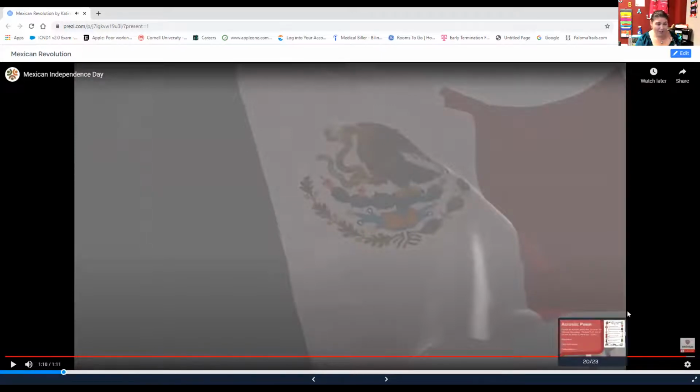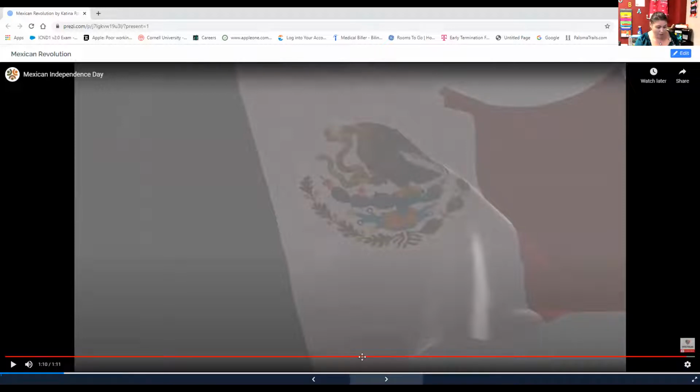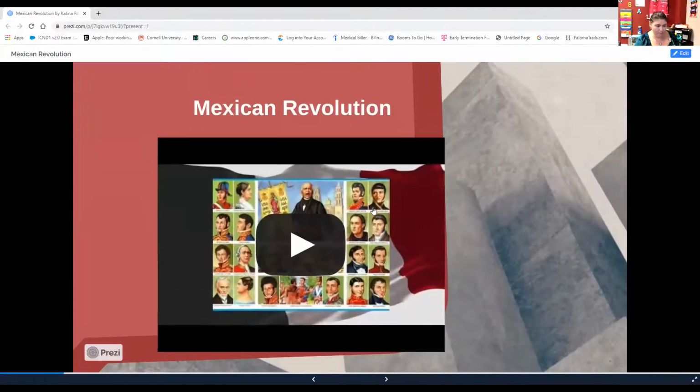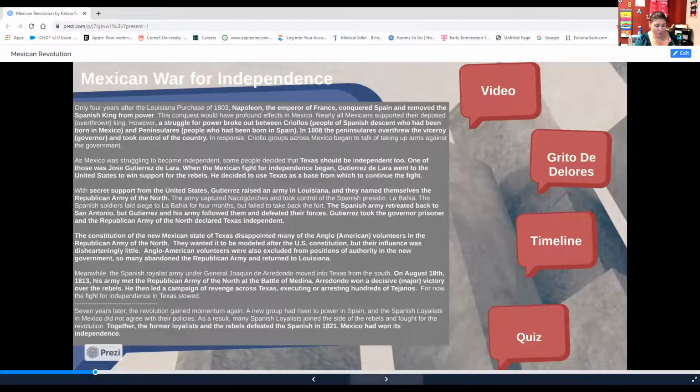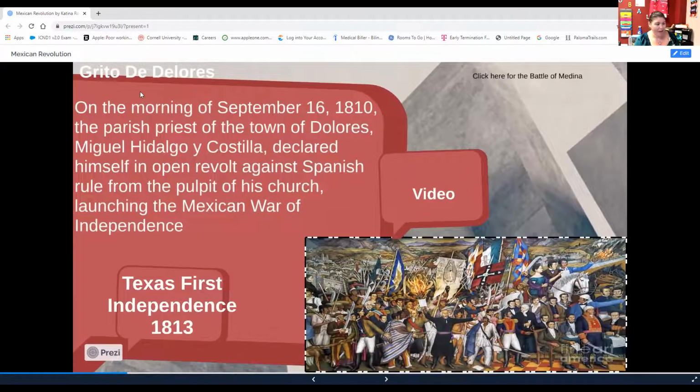So as you can see here, there is a huge idea of kind of what's going on. So let's go ahead and take a look at what's next. So as we continue on from here, we're going to see El Grito de Dolores, which is going to be right here, and happens right in 1810.